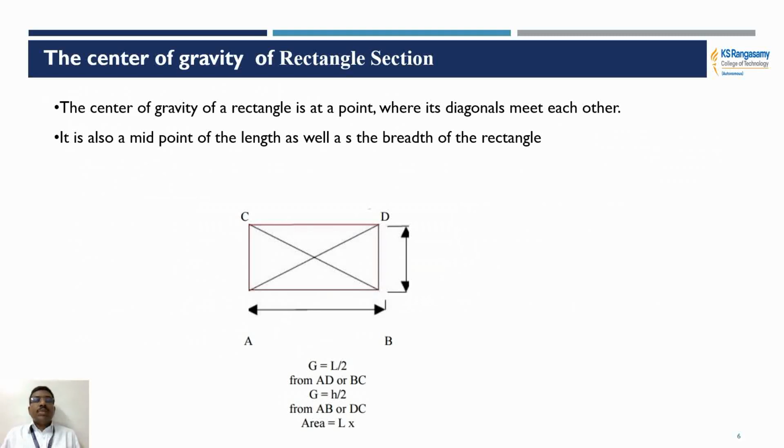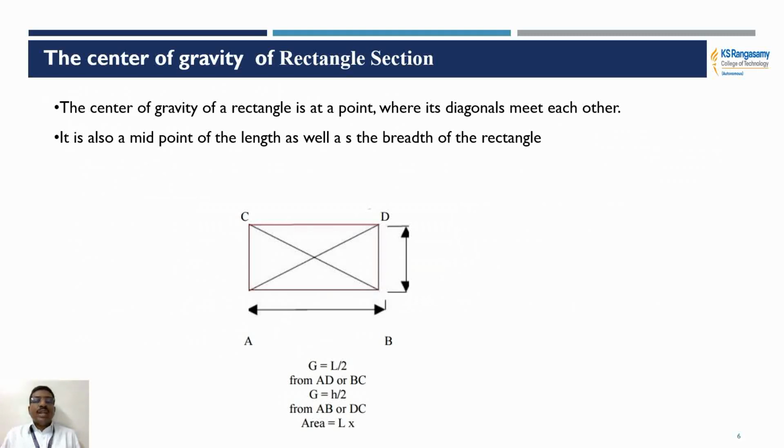So it is also the midpoint of the length as well as the midpoint of the breadth of the rectangle. If L is the length and B is the breadth, the midpoint L by 2 is the center of gravity along the x direction, that is along the length, and B by 2 along the breadth direction, that is along the y direction.